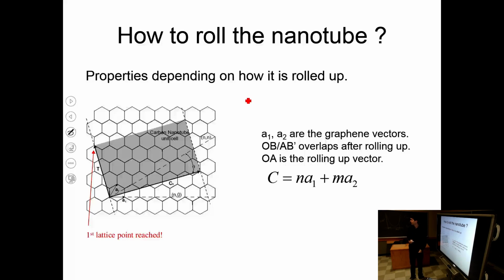More generally, the way you roll it is by defining a rolling vector, which is n times going along vector a1 from graphene, right? The a1 and a2 are these little vectors here, which are the primitive lattice vectors of graphene. Going n times along a1 and m times along a2 will always give you a nanotube.